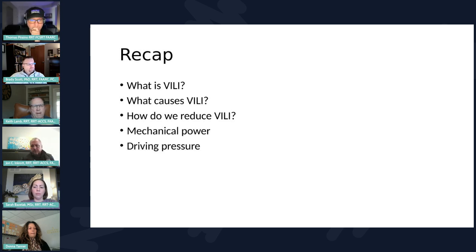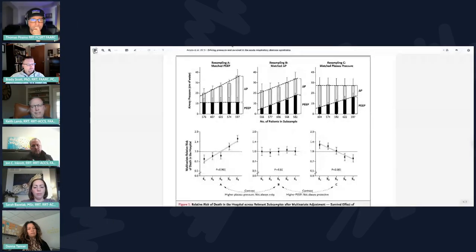That looked at driving pressures, retrospectively looked at a whole bunch of ARDS papers, and realized that there seemed to be a stronger correlation with driving pressure than any of the other variables that were looked at. And that correlation was approximately 15 centimeters of water pressure of driving pressure that was more closely associated with worse outcomes.